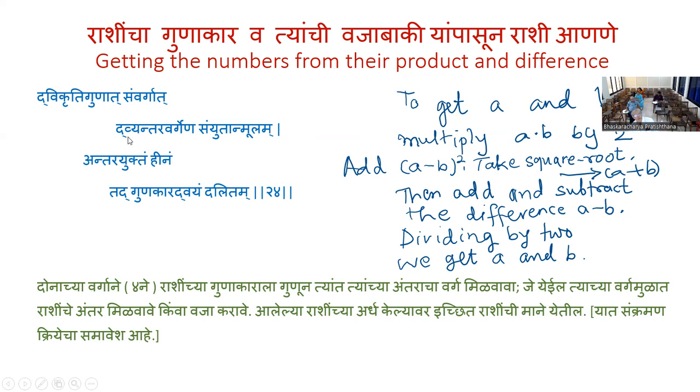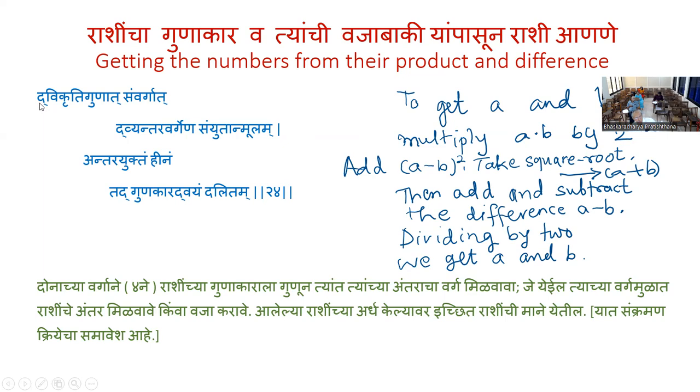then Antara Vargena. So you take the difference and take the square of that, the varga. So 4ab plus (a minus b) square. Then Sayutat, so you add them.